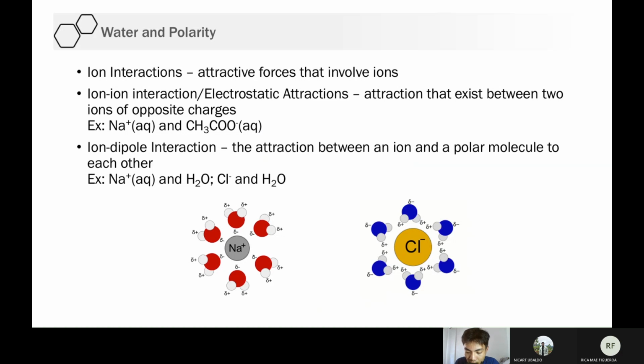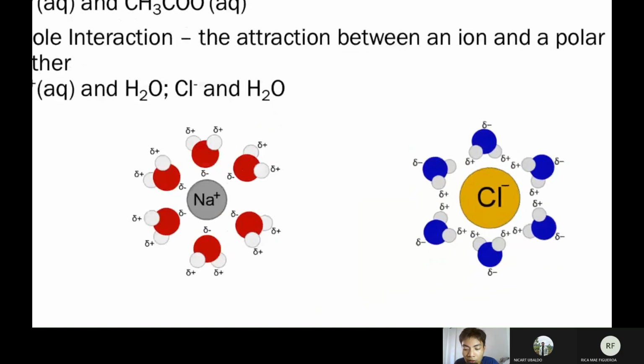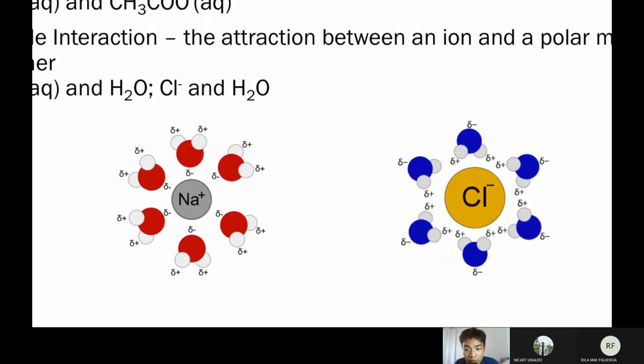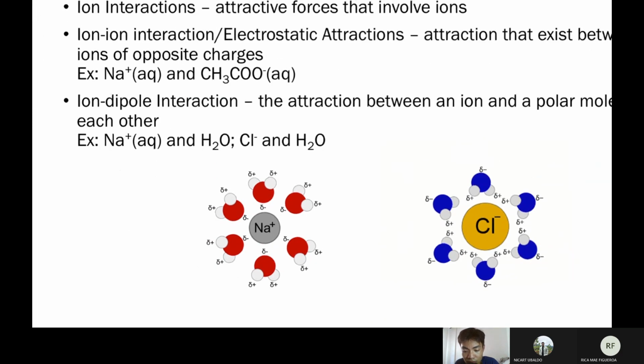Let's suppose sodium chloride: when you put it in water, it will dissociate into sodium cation and chloride anion. Then, since water is polar because it is a dipole, what does dipole mean again? It has two poles, a positive and a negative.